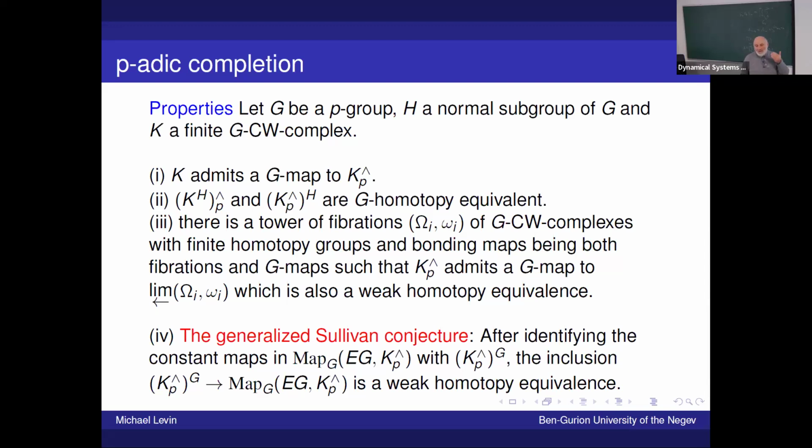That way we can consider the p-adic completion as a G-space again, and so as a functor from the category of G-complexes to itself.